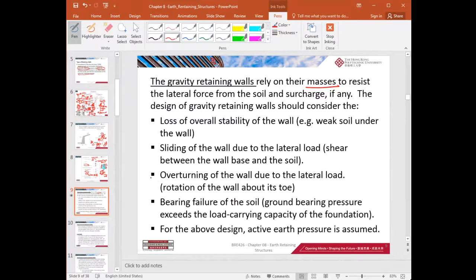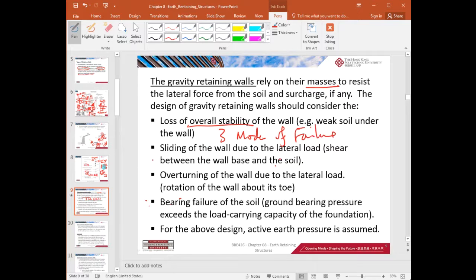The design of the gravity retaining wall will look into the overall stability. There are three important modes of failure of the retaining wall that you have to guard against.